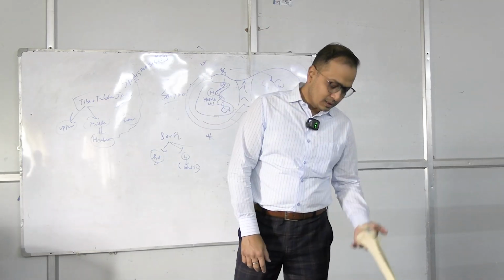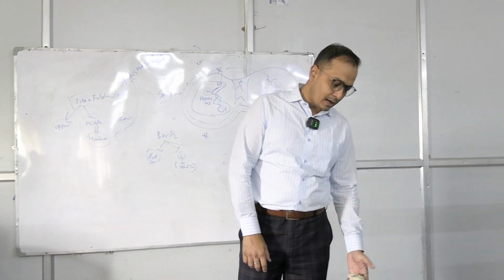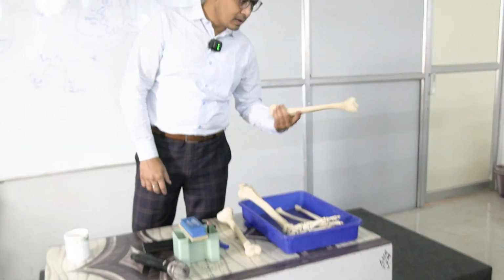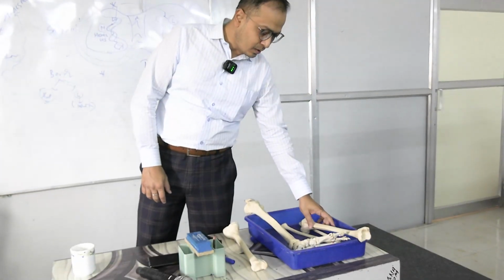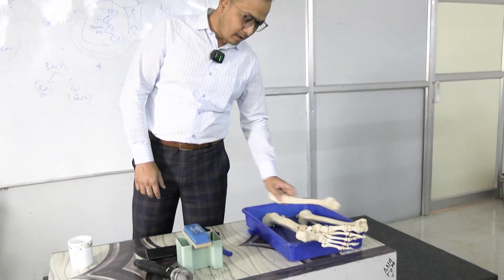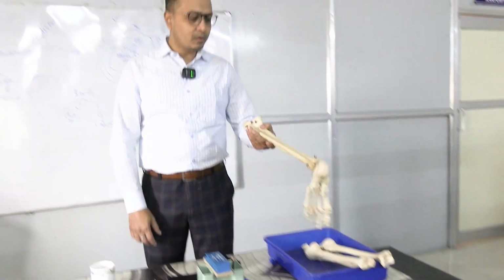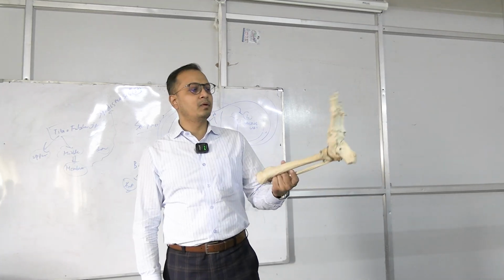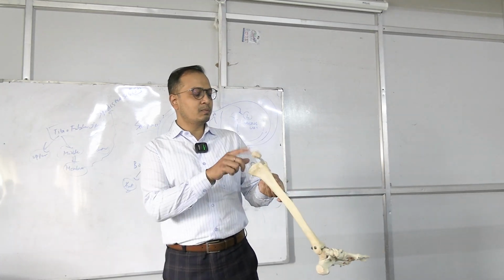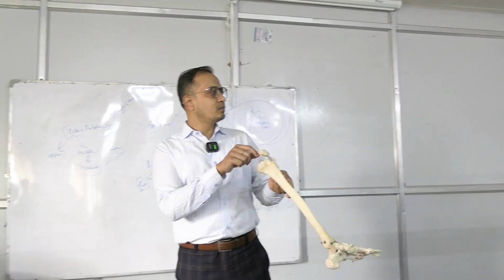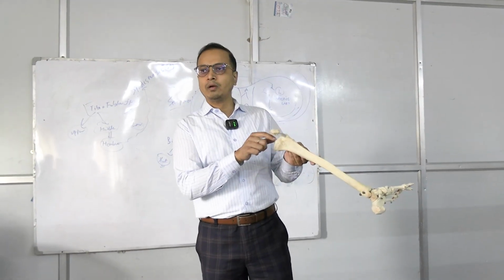So, these are the features this bone has. See by yourself with these bones, right side and left side. Make sure you identify the right side properly, separating it from the left side, identifying the features, and identify the joints present between this tibia and the fibula above and below in this region. And remember, the bone we call the patella does not have any attachment whatsoever with the tibia.